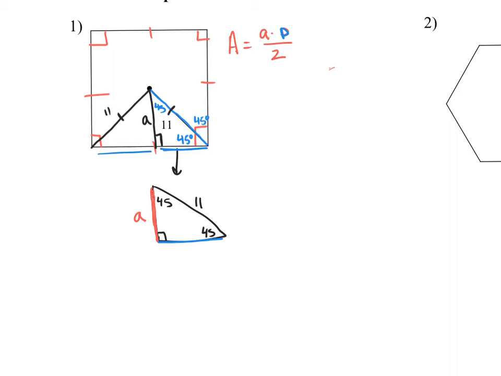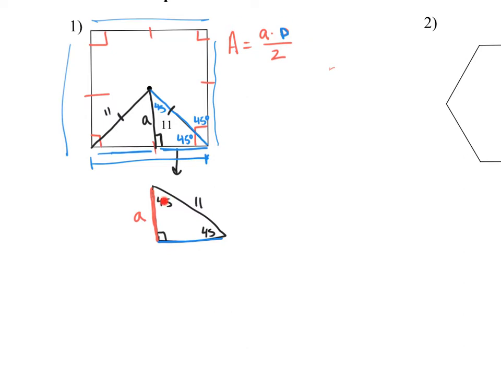If we times it by 2, we'd have the entire base, and then if we times that by 4, we'd have the entire perimeter. So I think we have a good strategy. We need to find both the apothem and this base length, and then we can use those numbers in this formula to find the entire area.